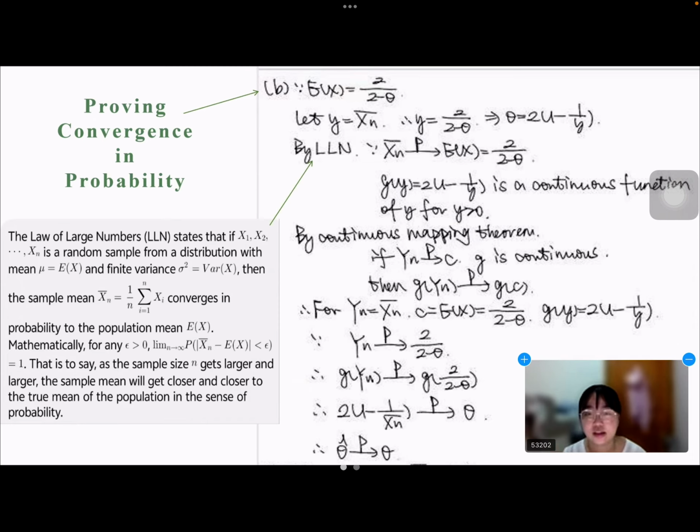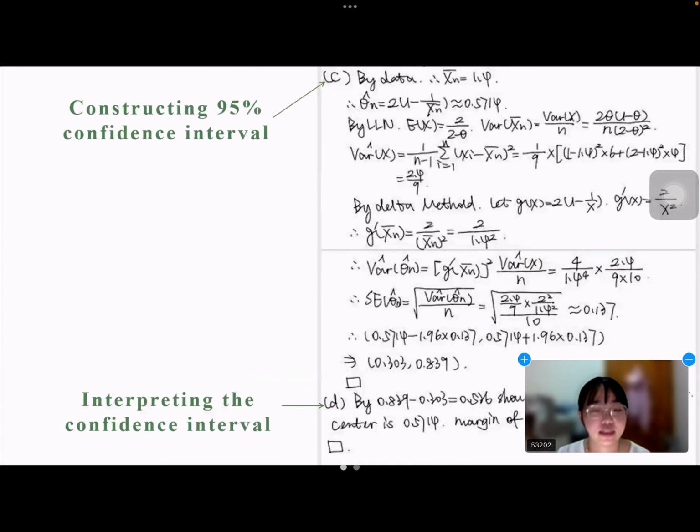So we get g(Yn) converges to g(c). And after rewriting Yn and c, we get what we need. Okay, this is part B.